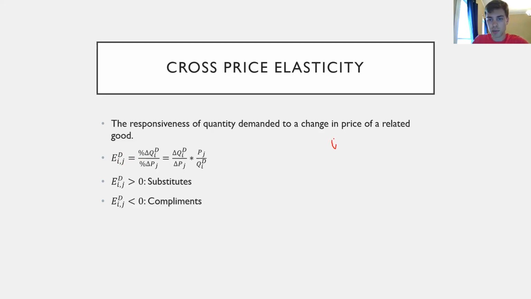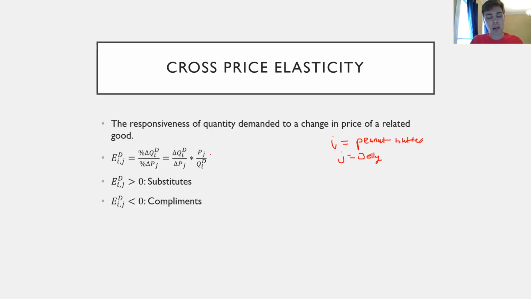In this case, I'm going to say I is, let's say, peanut butter, and J will be jelly, just so that we have two goods to think about and maybe visualize.